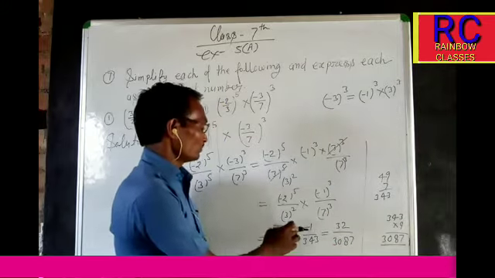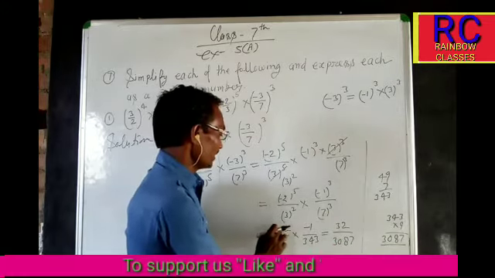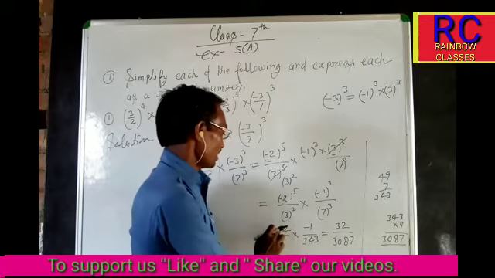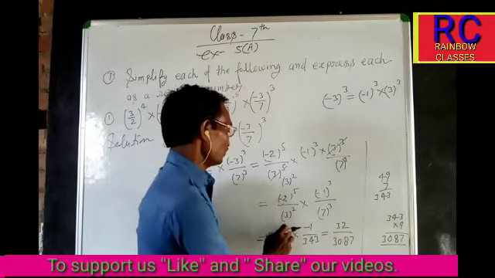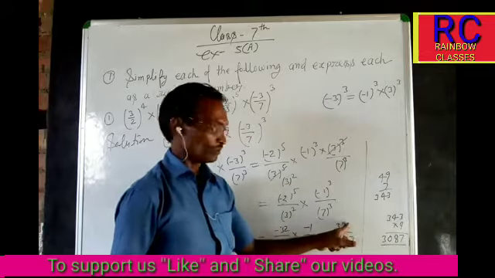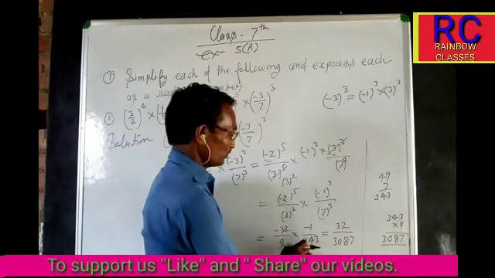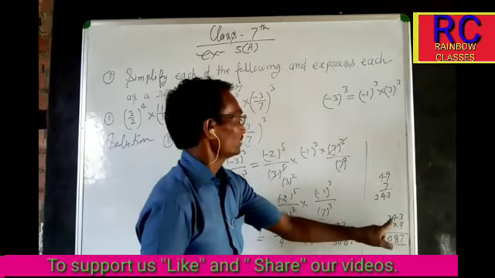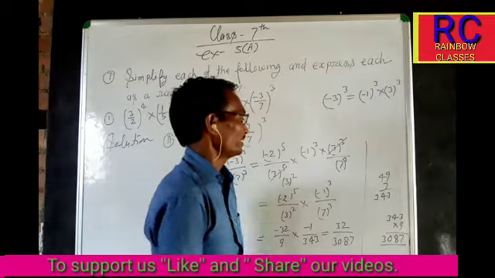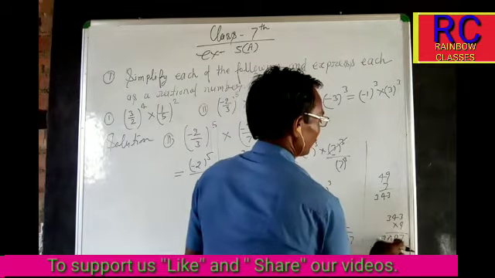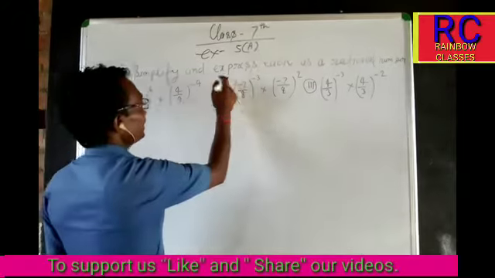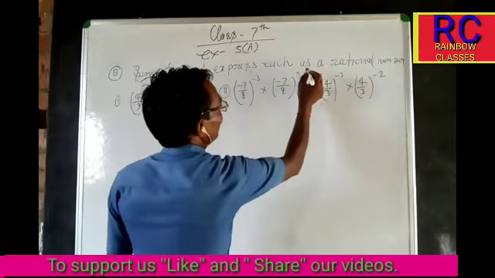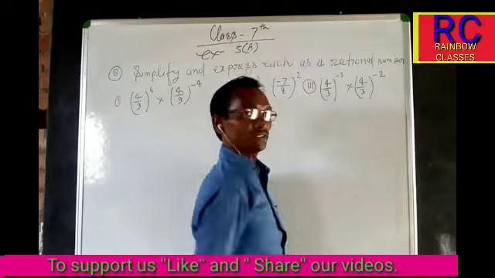Multiplying numerator to numerator, minus into minus is plus, 32 into 1 is 32, and 343 into 9 is equal to 3087.